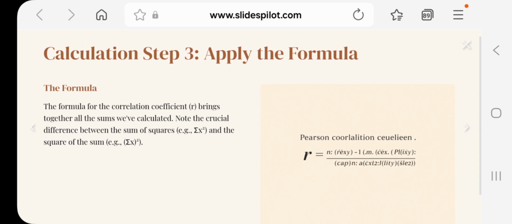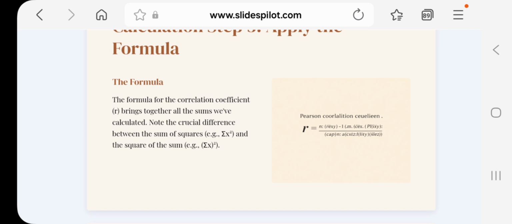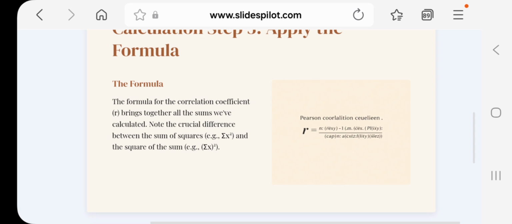And here's the formula that we need. So the correlation coefficient R, which in some equations is represented by the Greek symbol rho, is n times the sum of xy minus the sum of x times the sum of y, divided by the square root, and inside the square root it's going to be n times the sum of the x squared values minus the sum of x values, but we're going to square that.